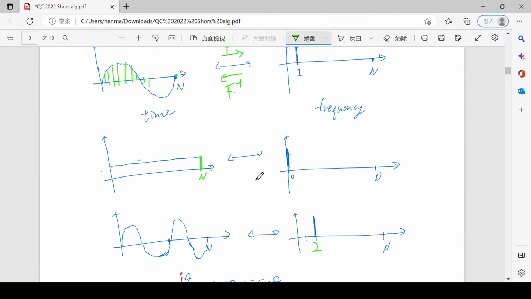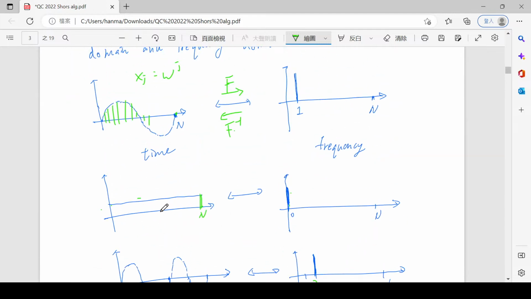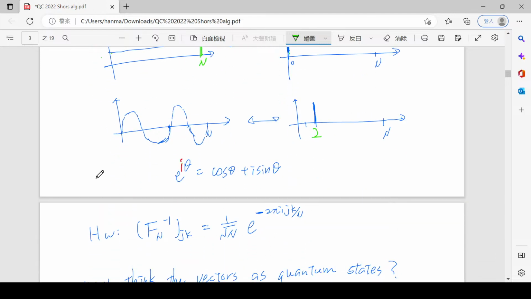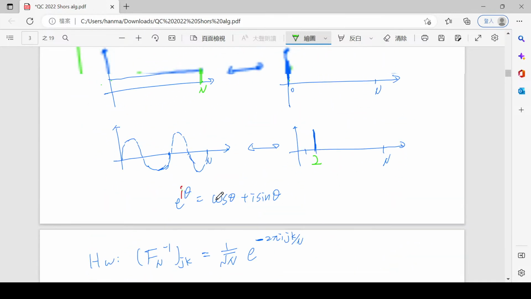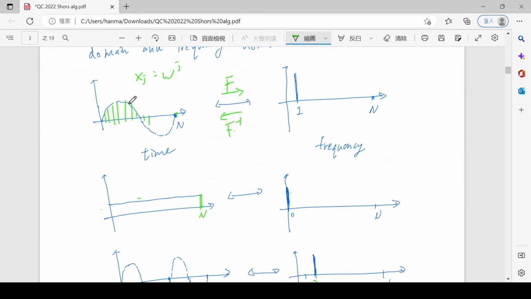And the first interesting thing is that it's linear, so it respects all linear combinations. Another interesting thing, which you want to do in your homework, is that it has a very simple inverse. We talked about transforming a signal from the time domain to the frequency domain.